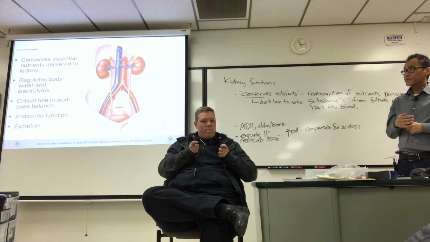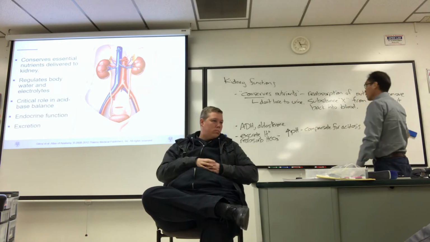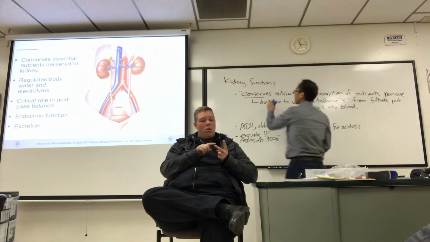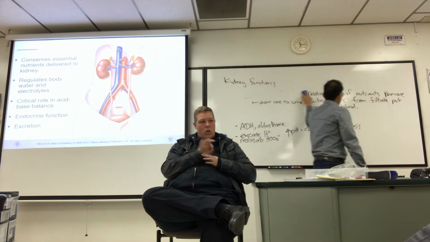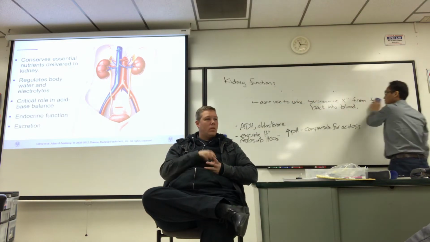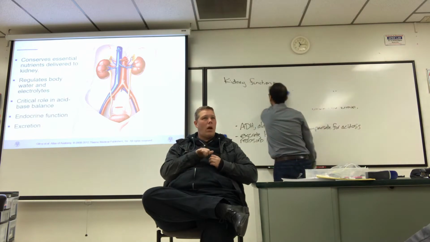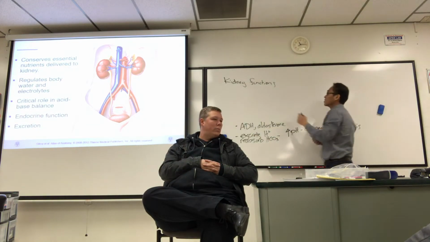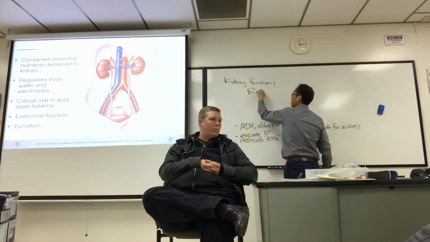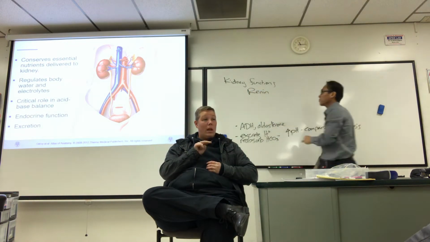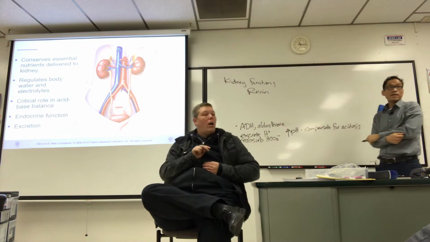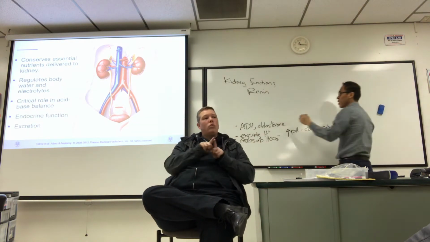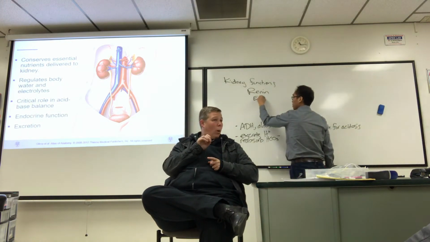The other thing there is endocrine function. Let's see. Endocrine function is, well, actually I talked about that. Renin, and we're studying the RAS mechanism. Renin is from the kidney, and so is EPO. Both of those things will help increase or maintain blood pressure.